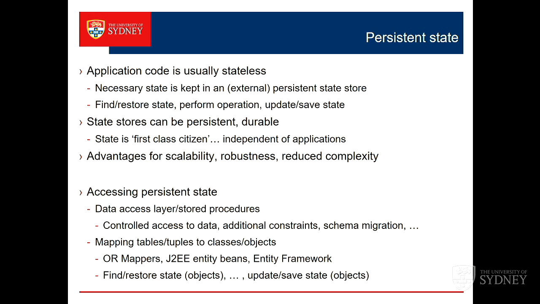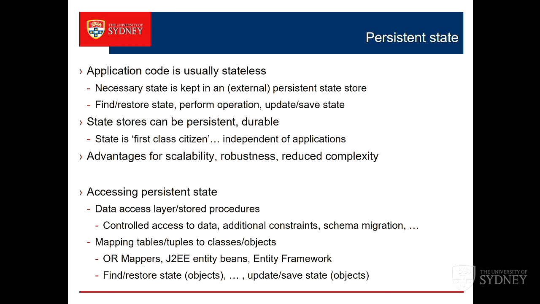And I may well also, in an OO world, have some automated mapper, an object relational mapper tool, which is going to take the tables and tuples in a database and present them to an OO program as a set of entities. Java entity beans, Entity Framework, objects in a .NET world.